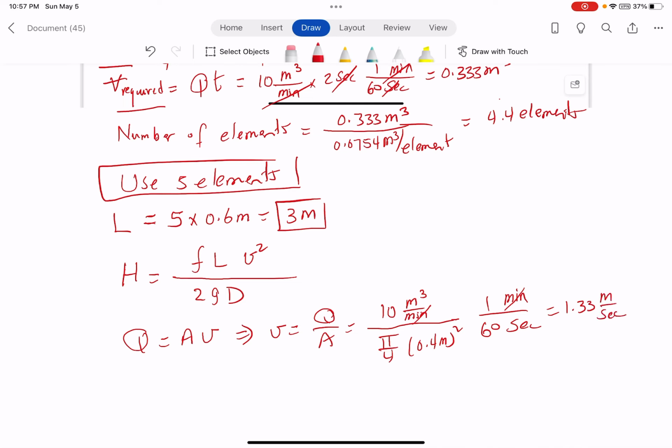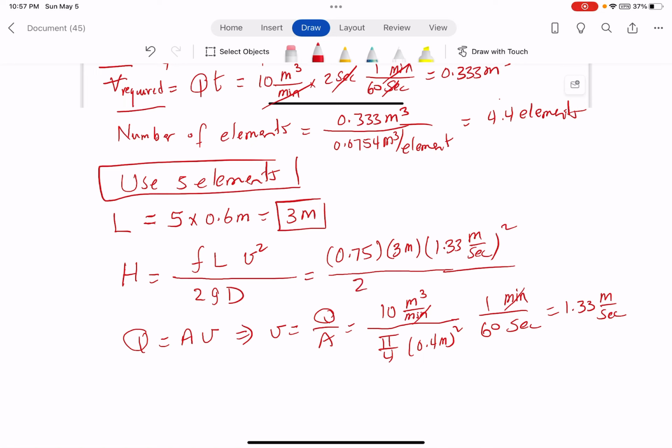So now we're going to put it into this equation. What was the friction factor? 0.75. What is the total length? 3 meters. What is the velocity? We just found it, 1.33 meter per second, squared.